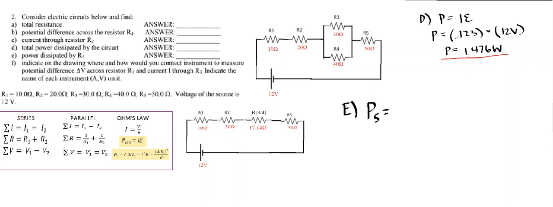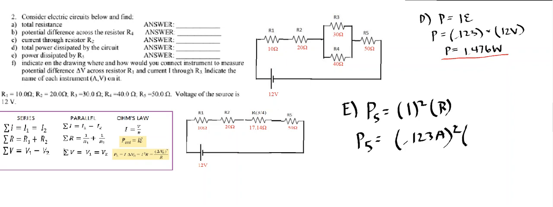Therefore, we can use the second equation that states I squared times R will give you the total power. So again, the current is 0.123 amps squared times the resistance of 50 ohms, giving us a total power at resistor 5 of 0.756 watts.